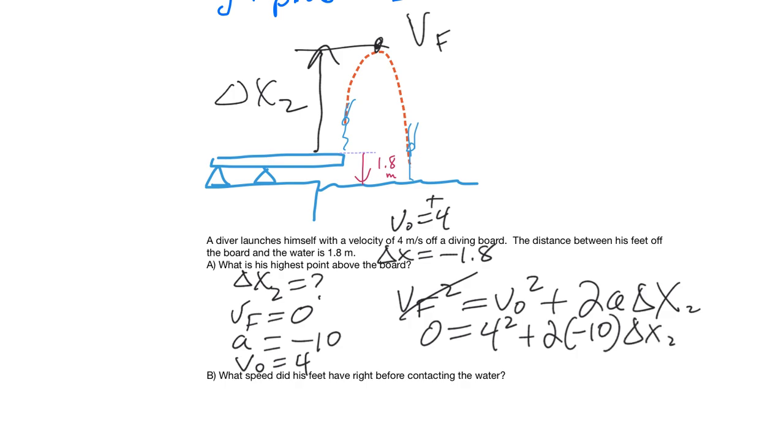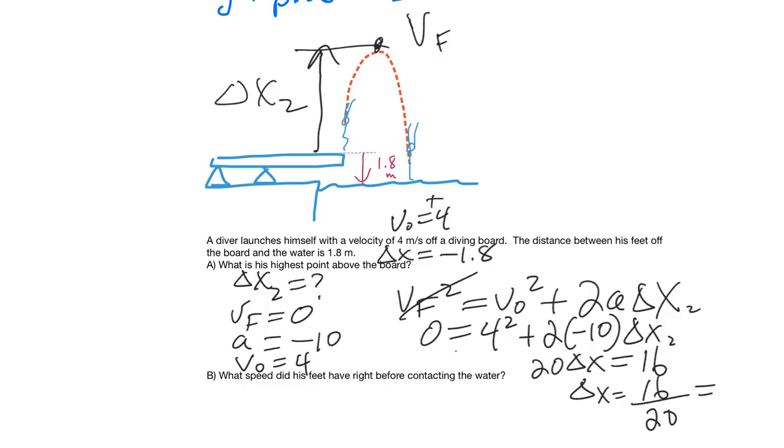That's what I'm looking for. So get the 20 delta x on one side: add 20 delta x to both sides. 20 delta x equals 16. So delta x equals 16 over 20.